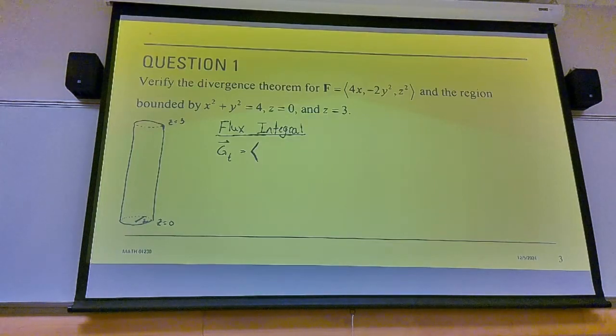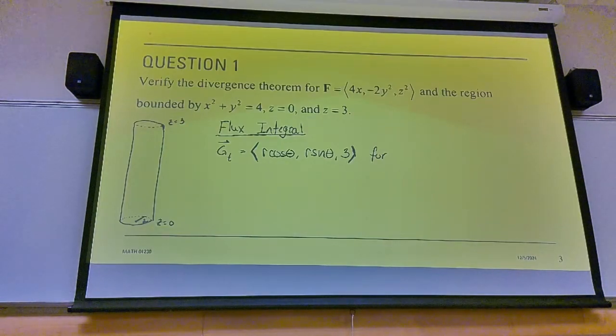r cosine theta, r sine theta, and let's see, would you just say 3? Because it's just a circle of radius 2 on the plane z equals 3. Now, I would imagine we're going to do a triple integral with bounds.